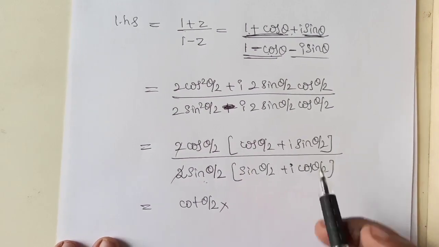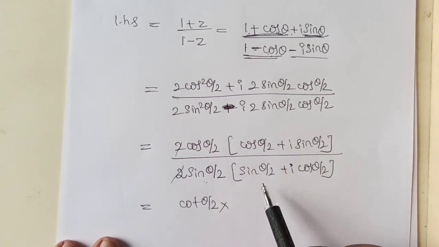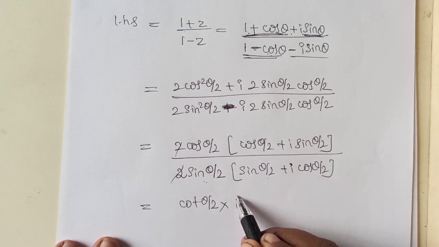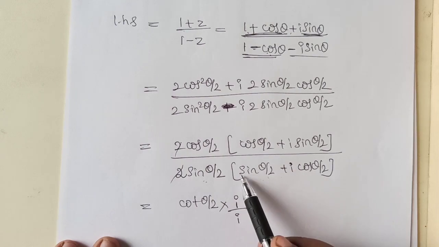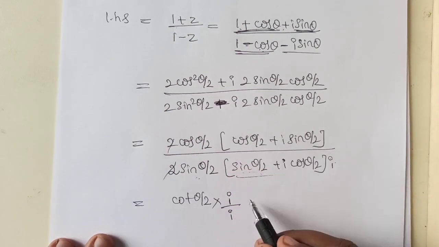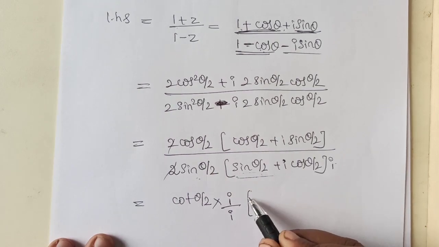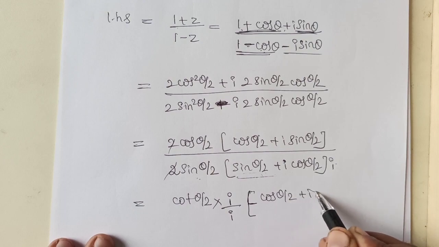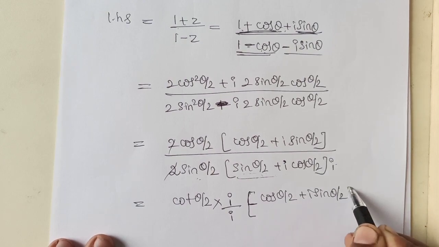To convert this form into sin plus cos plus I sin form, we divide and multiply by I. That means we multiply this term with I. Okay. So multiplying this, you can observe that the numerator is cos theta by 2 plus I sin theta by 2. We keep this as it is.